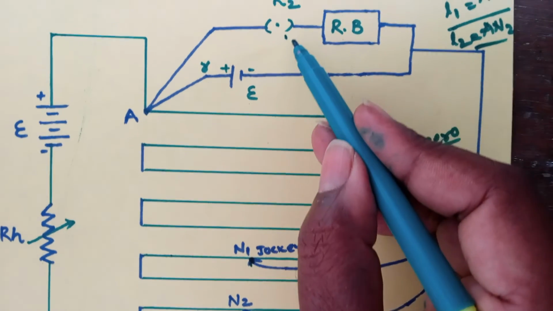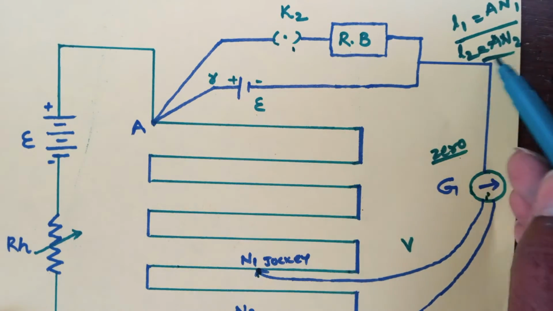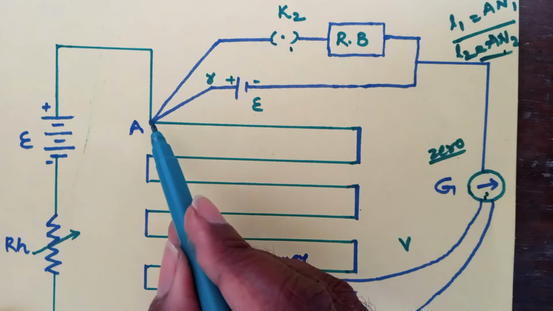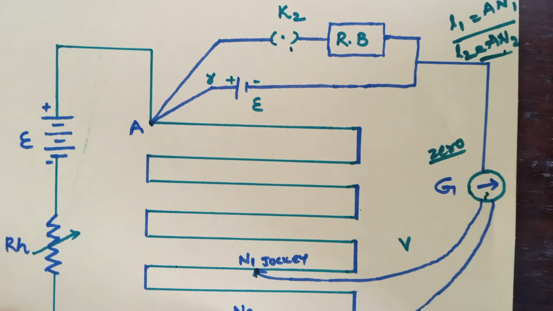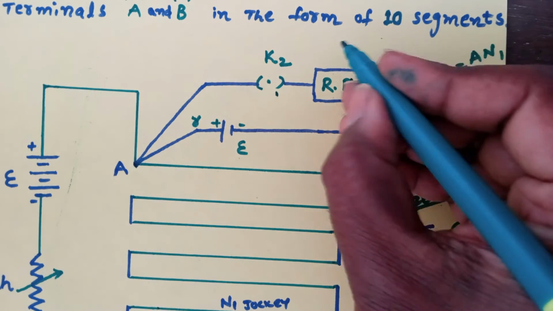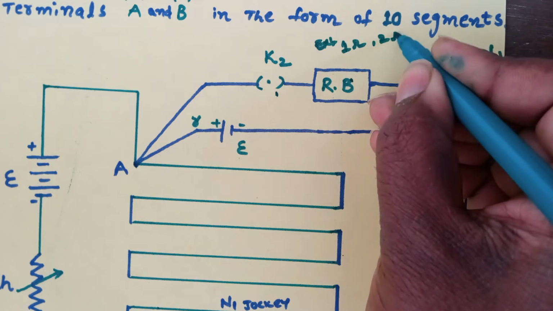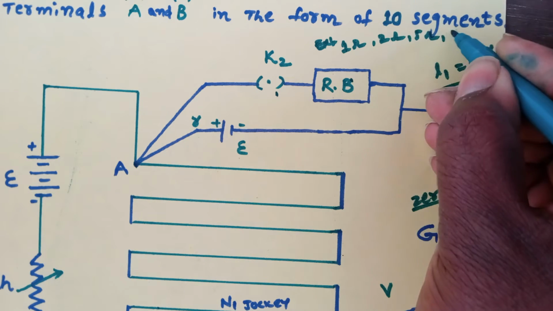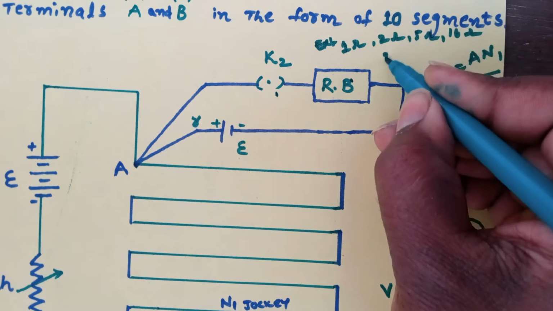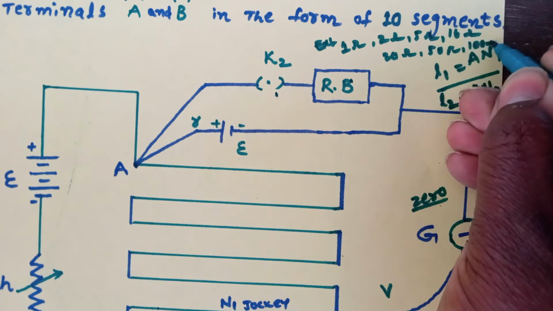Let us close the plug key K2 and measure L2, the length of the second balancing point AN2, by keeping a suitable resistance in the resistance box. Example: 1 ohm, 2 ohm, 5 ohm, 10 ohm, 20 ohm, 50 ohm, 100 ohm.